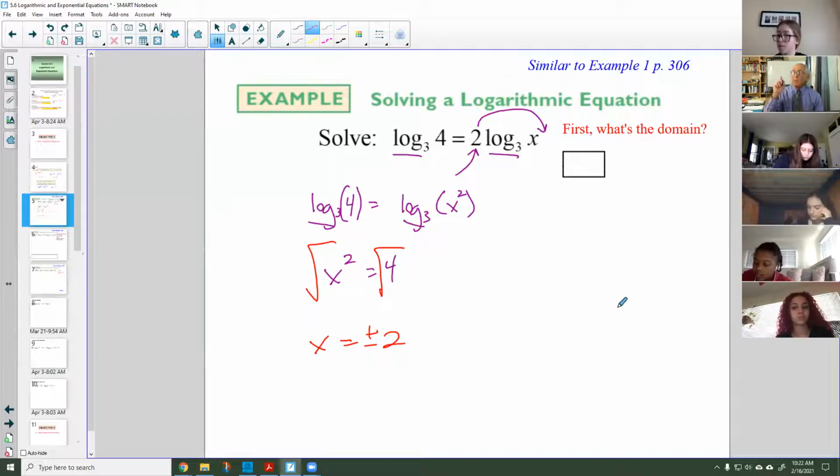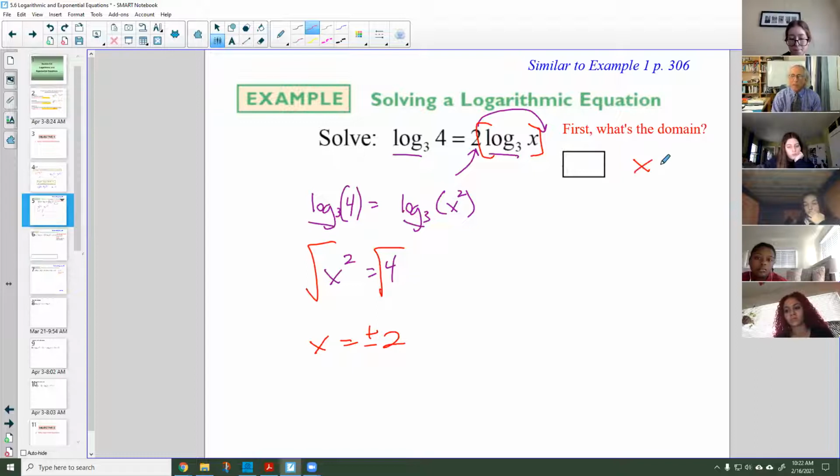Yes? But, and this is where we really should have started the problem. If I have a logarithmic expression, the argument has to be greater than 0.